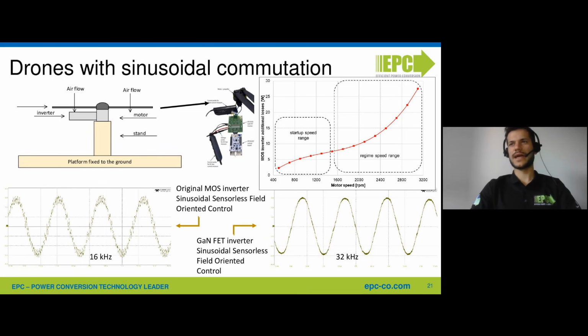So you can save volume, which means saving weight in the inverter, and sometimes also cost, because if you have a smaller PCB, then in the big numbers you will also save some cost in the dimensions of the PCB.